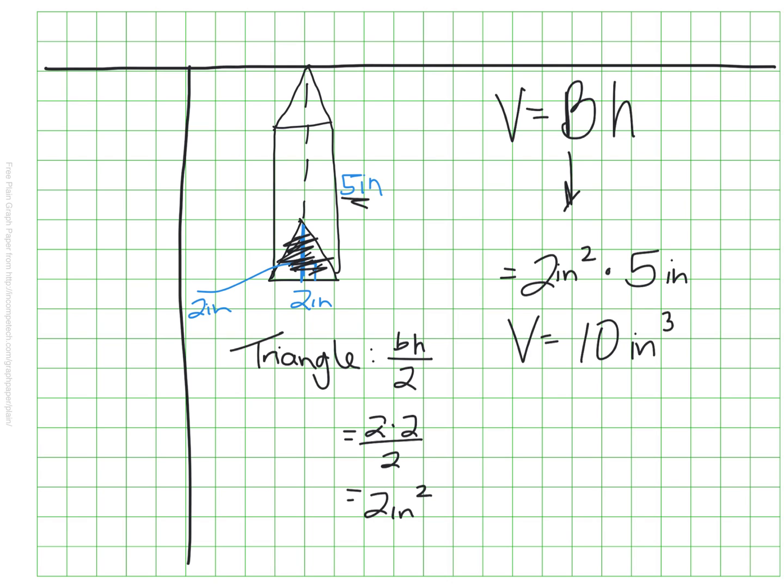I'd be able to have 10 cubic inches inside this. And that wouldn't have worked if I had tried to use the traditional length times width times height, because in this case, that doesn't apply to a triangle. So it's important to be able to find the area of the entire bottom of your figure and then scale that up as tall as your shape is by multiplying it by the height.